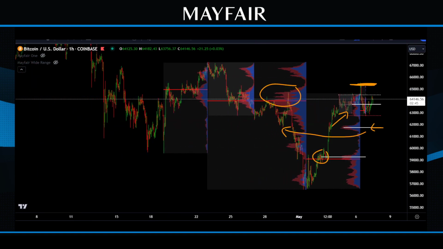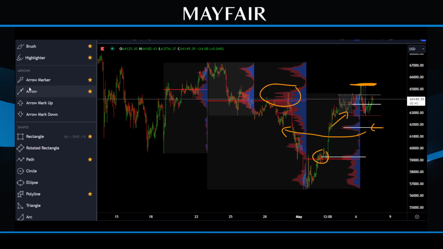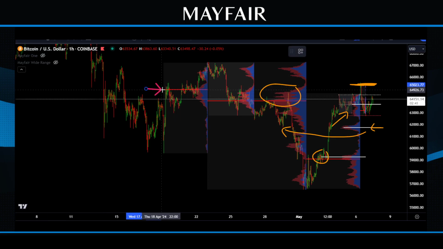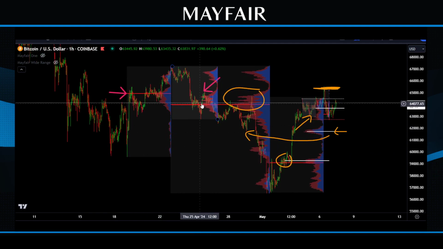right? That you can literally look out and say, well, okay, what have we got? We've got this one here being the point of control, but it's technically been used and used and used again. It's been used back there for this move over here. We've got a new one.